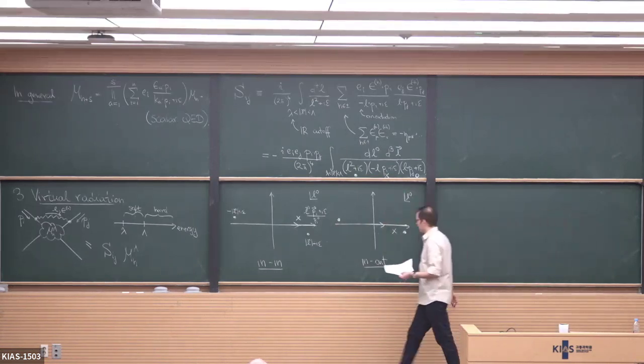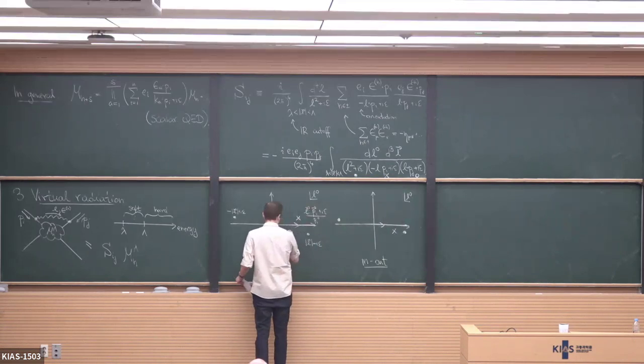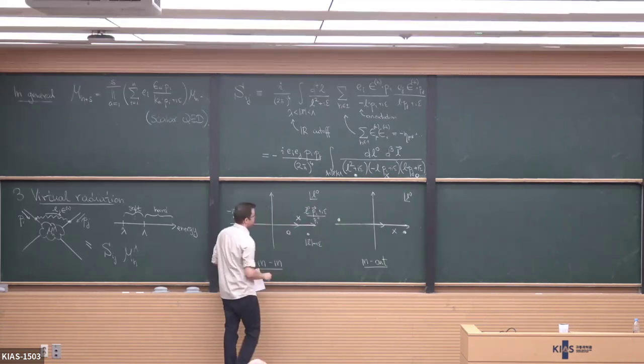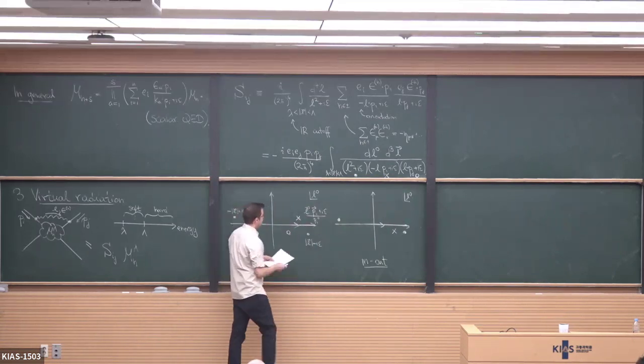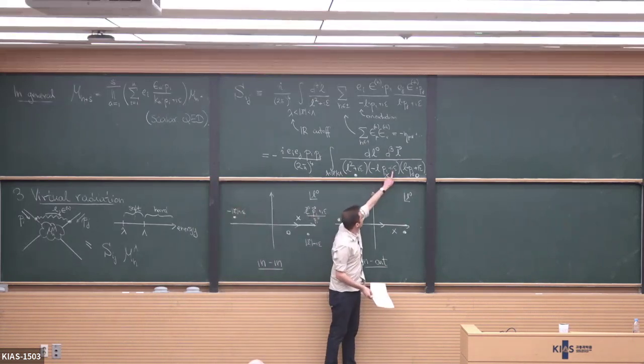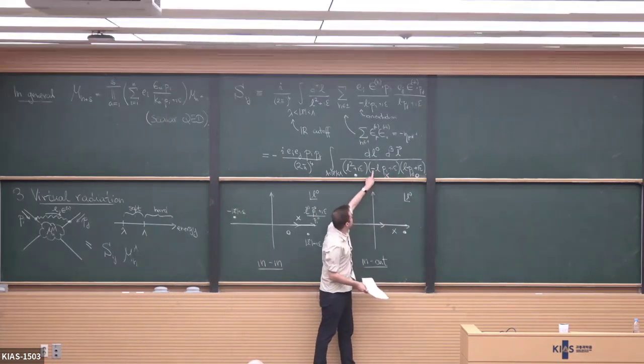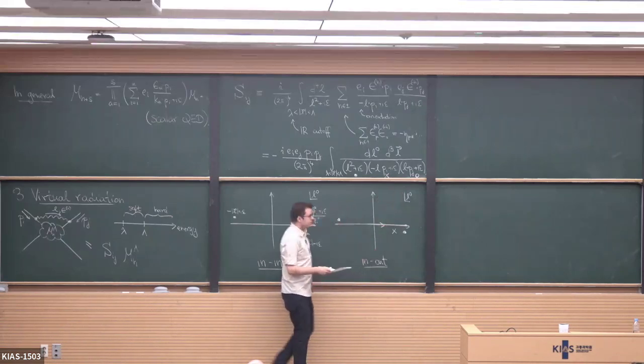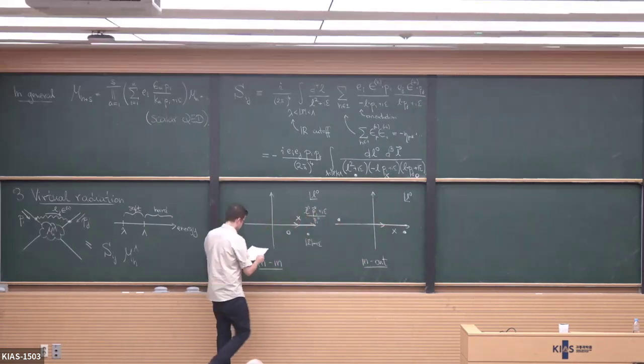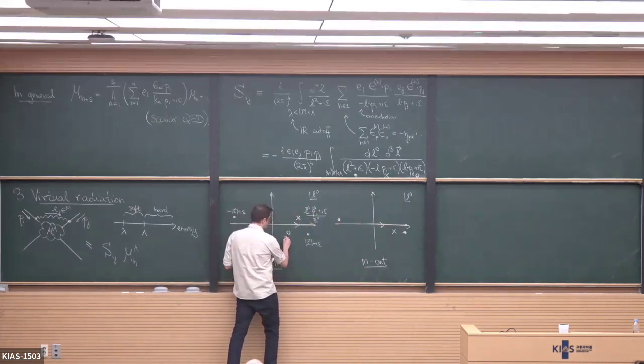And then finally I have the green dot, which in this picture is going to be somewhere here. The nature of the i epsilon changes because of this minus and plus. So this one is going to be at L dot Pj minus i epsilon divided by Pj0.